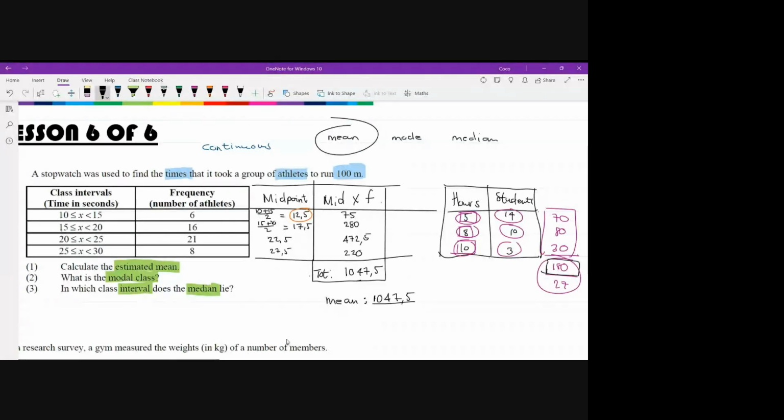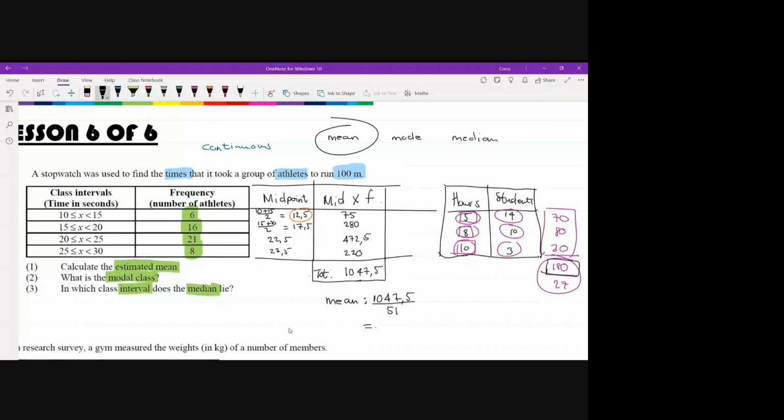That's it, by the number of athletes. Now remember, there are 6 athletes plus 16 plus 21 plus 8. Okay, how many athletes is that? 51, correct. So divide that by 51. All right, give me an answer for the mean, please.